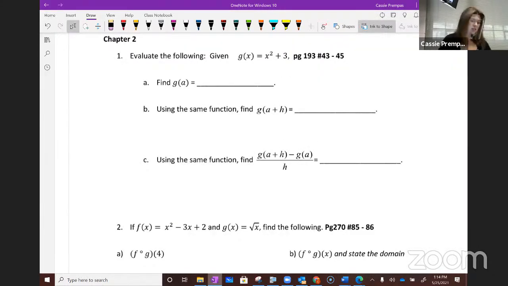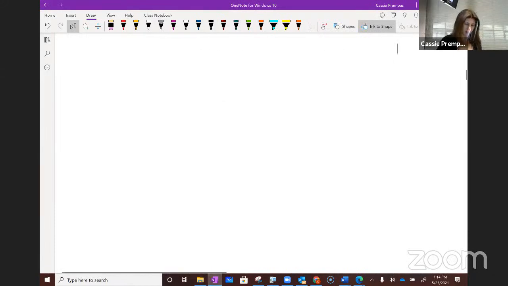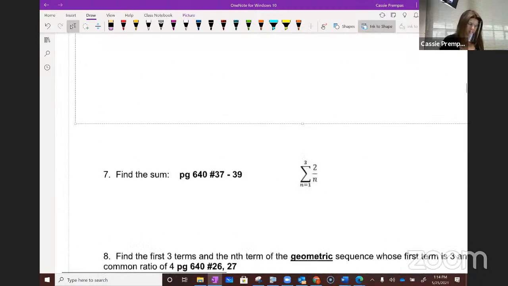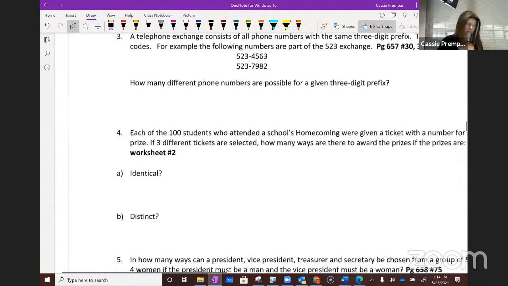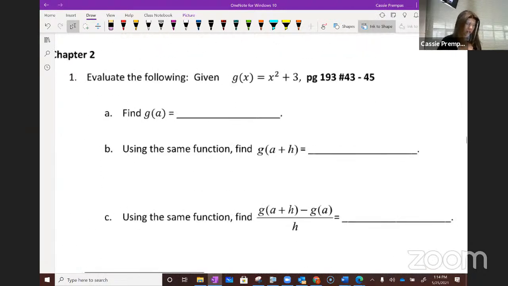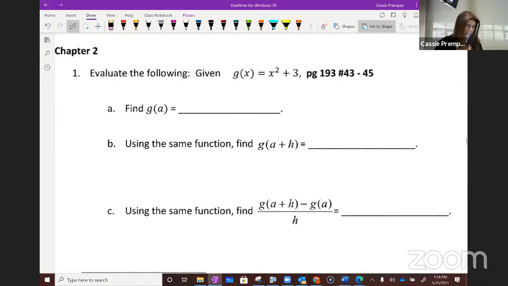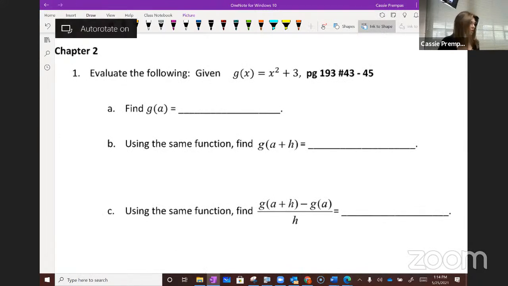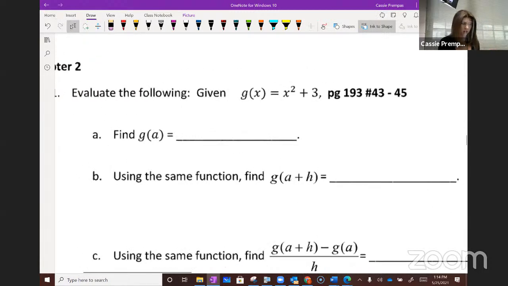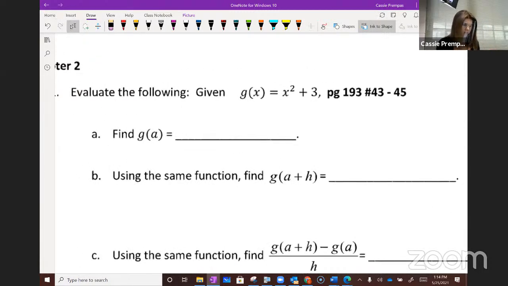All right, ladies and gentlemen, if I could have your attention back up here as we begin to review Chapter 2. Chapter 2 was the first time that we were introduced to function notation, which looked like what you see here. Given g of x equals x squared plus 3, let's see if we can remember what to do.